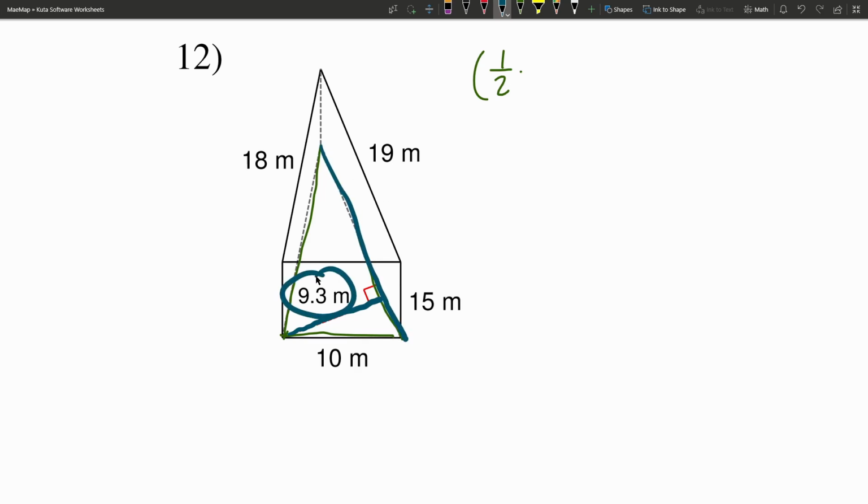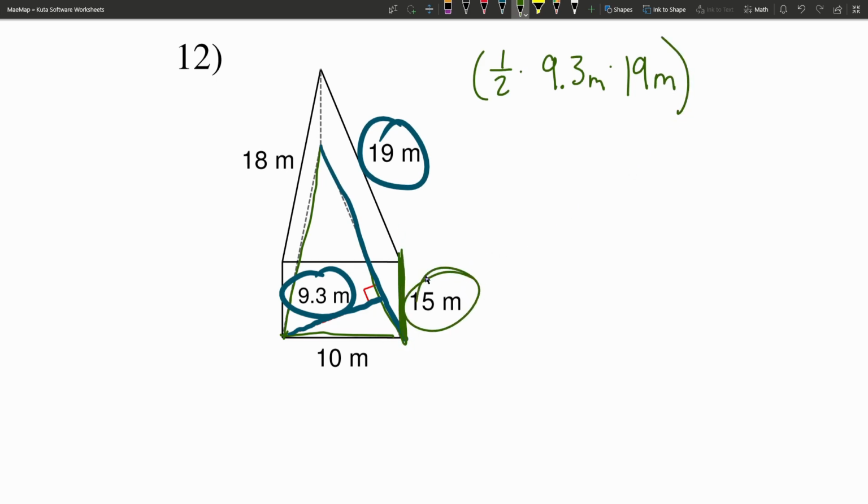So my height is my 9.3 and my base is this length here, which is labeled in our top triangle as 19 meters. So I have 1/2 times 9.3 meters times 19 meters, and that gets all multiplied by the overall height, which is 15 meters.